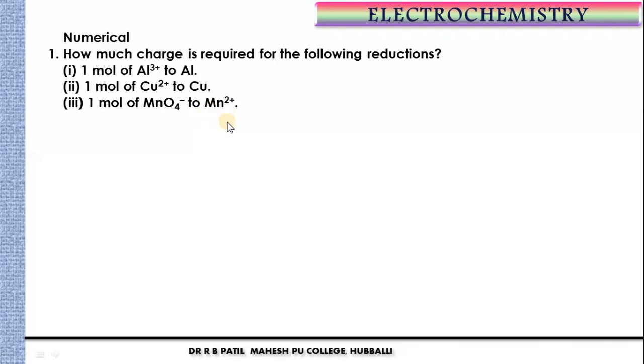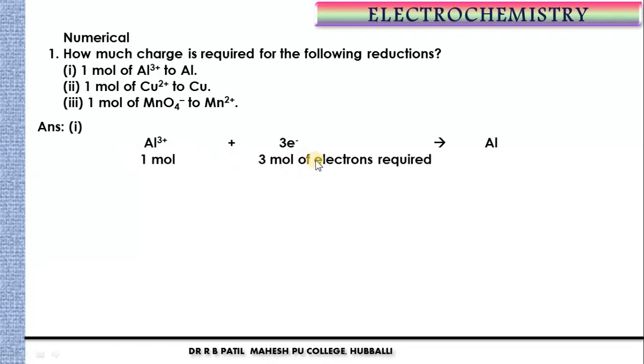Let us solve one by one. Al3+ ion, let us take the first one. You know that Al3+ ion requires how many electrons? 3 electrons to convert to Al. But they told 1 mole. So automatically 1 mole of Al3+ requires 3 moles of electrons to form 1 mole of aluminum. You know students, 1 mole of electrons, what is the charge carried by 1 mole of electrons?